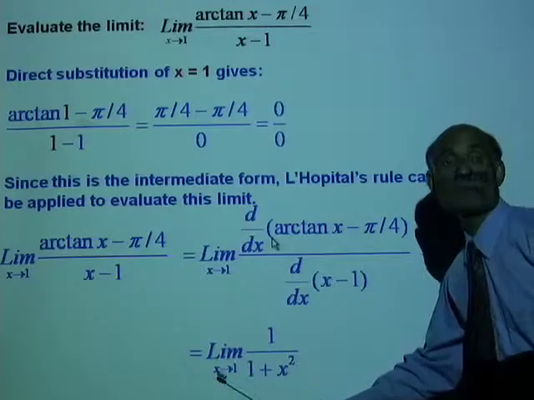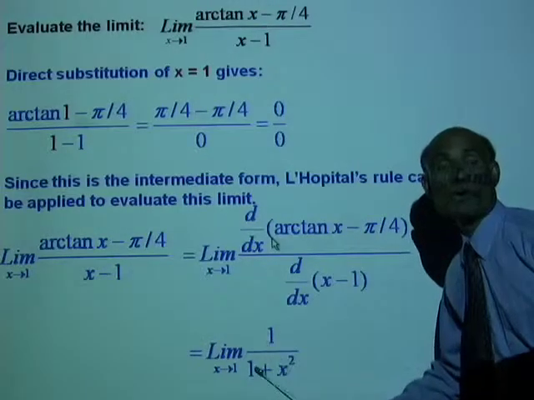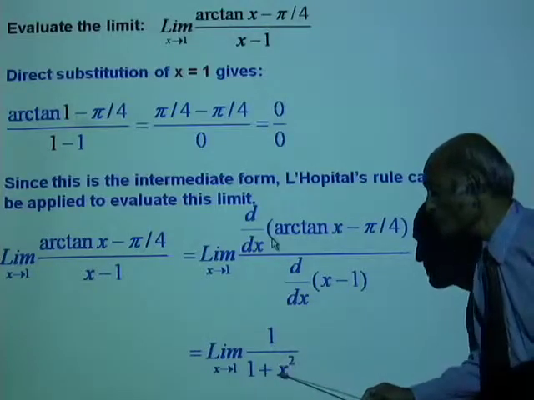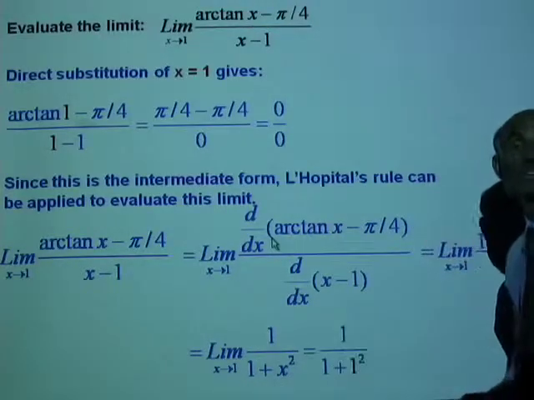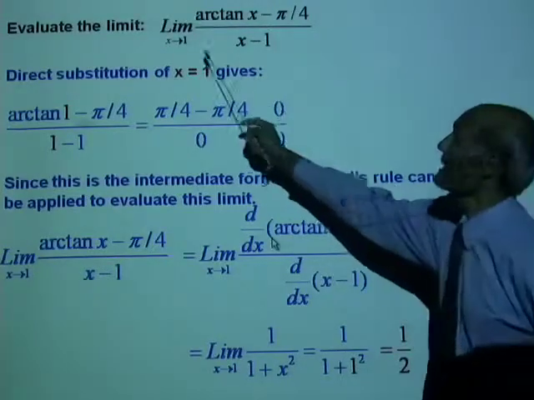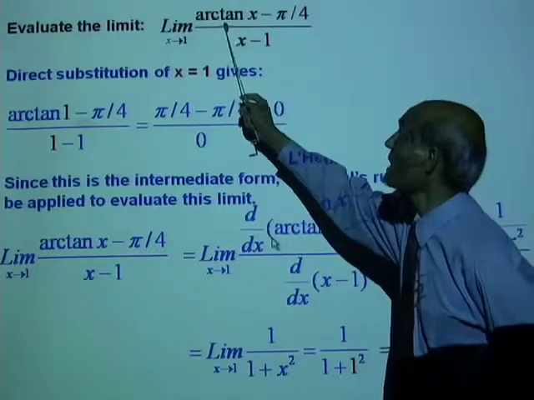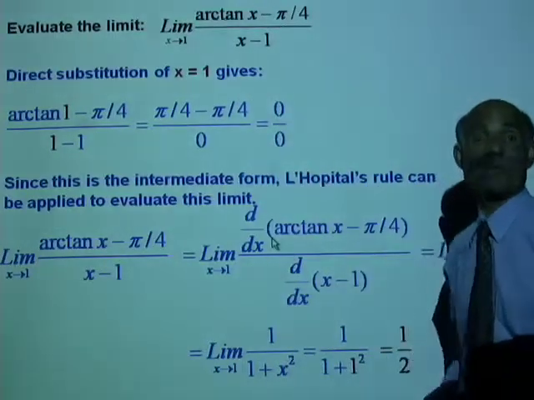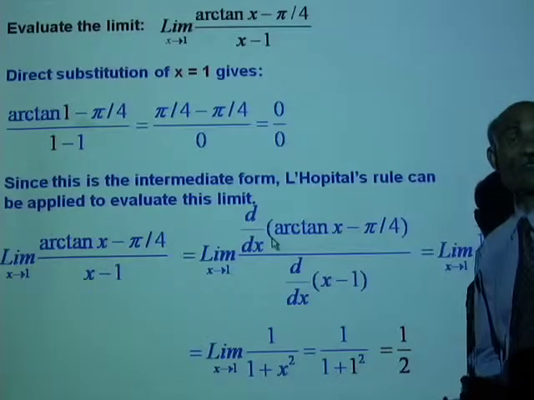So that will be limit x approaches 1 of 1 over 1 plus x squared. And when x becomes 1, the value of this is 1/2. Therefore, limit x approaches 1, arctan x minus pi by 4 divided by x minus 1 is 1/2.